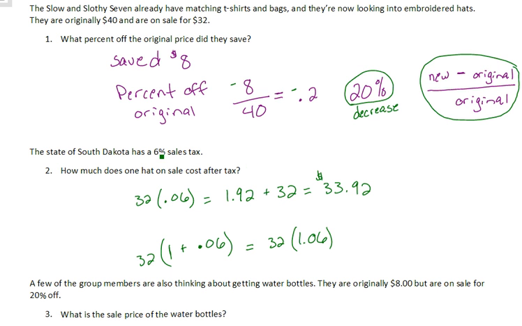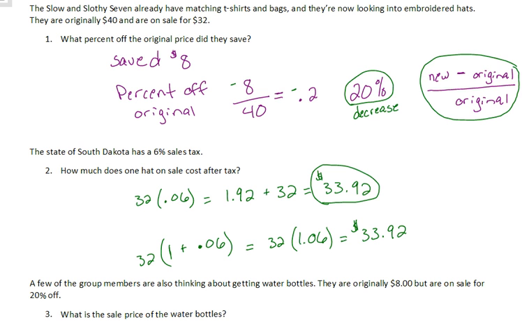Instead of just multiplying by that tax, multiply it by 1 and then that tax together. So let's look at what 32 times 1 and 6/100ths is. It's $33.92. Okay. Can you do it this way? Sure. But again, this is just a nice, quick, least amount of button pushing on the calculator as possible. Okay, so a nice little tip and trick when we're dealing with sales tax.